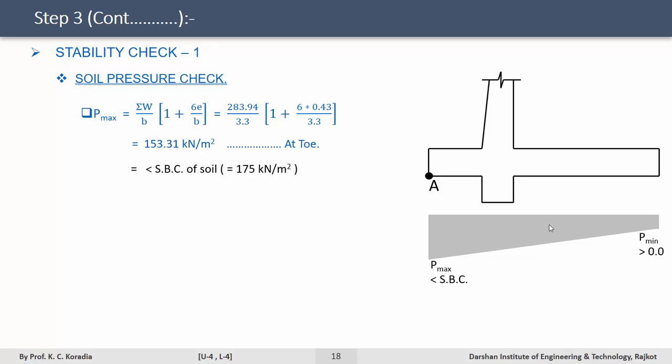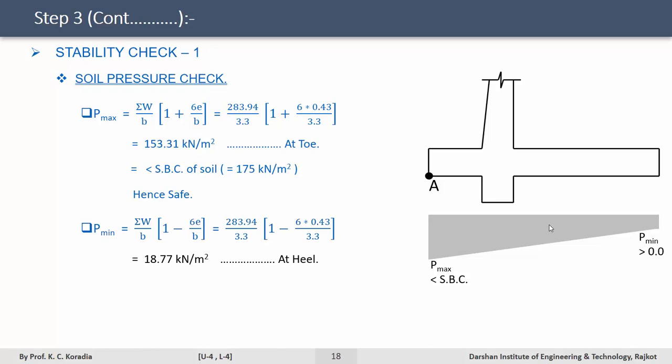Here this value is smaller than the SBC of the soil, that is 175 kilonewton per meter square. Hence, our maximum pressure at toe is within a safe limit. In the same way, we can calculate the P minimum, which comes out to be 18.77 kilonewton per meter square, which is acting at heel.